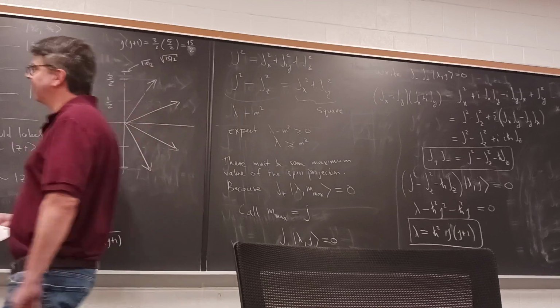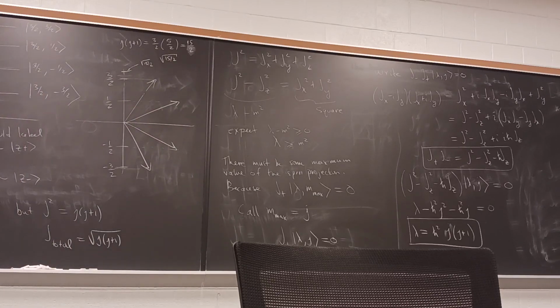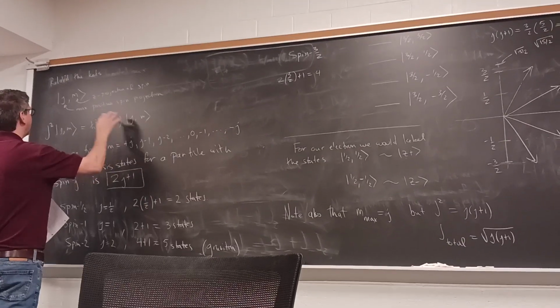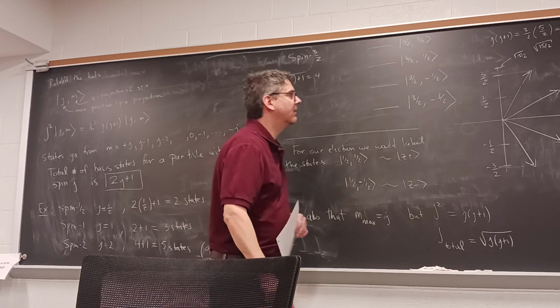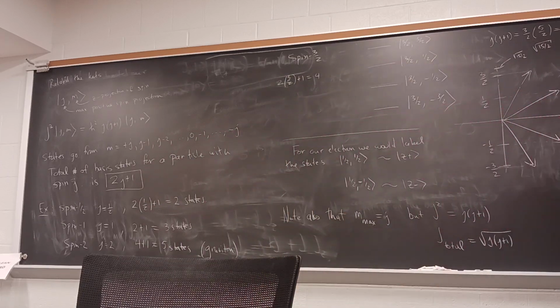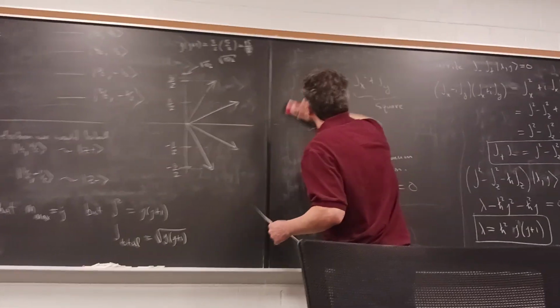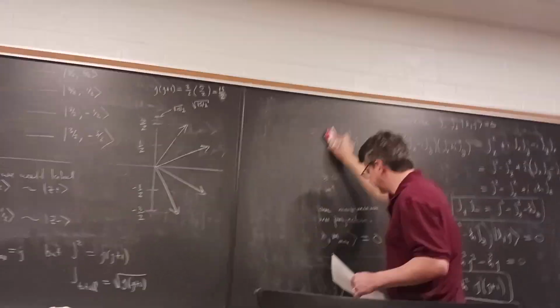So we know how to label our kets, and we know the maximum value of the spin and all of this. Now let's see what happens. We want to calculate some of these coefficients for when we operate on a ket with J plus or J minus.